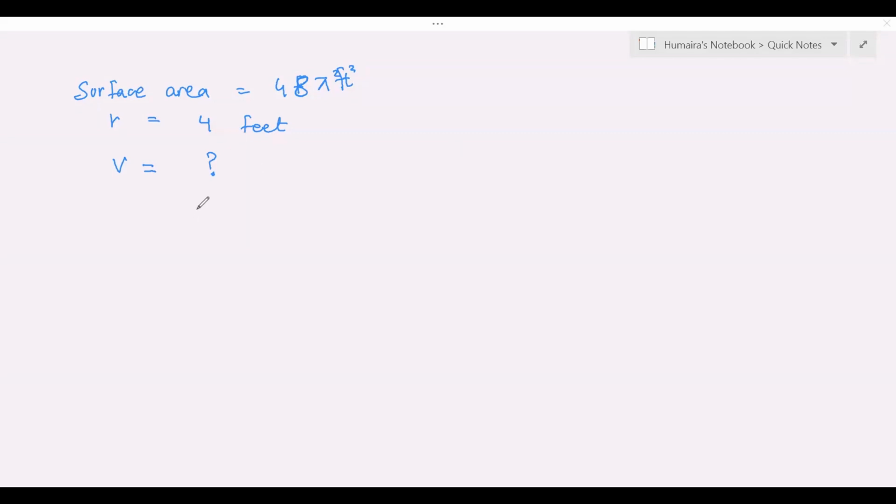We will choose the surface area of a cylinder with radius r, which is equal to 2 pi r h. The surface area is given to us and the radius is given to us, and we also know the value of pi. But we are looking for the volume, right?